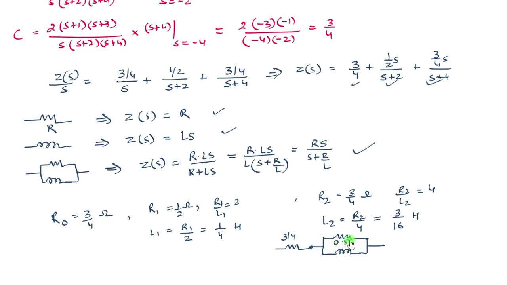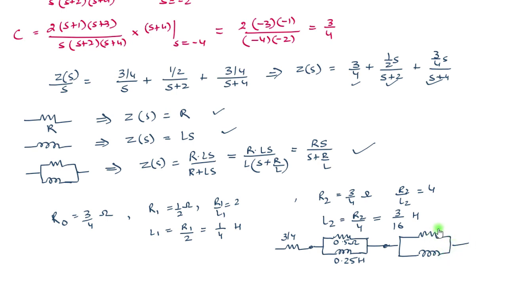So I will write 0.5 ohm, and the inductor will be of 1 by 4 Henry. So I will write 0.25 Henry. Further, this will be connected in series with the parallel combination of another resistance and an inductor.